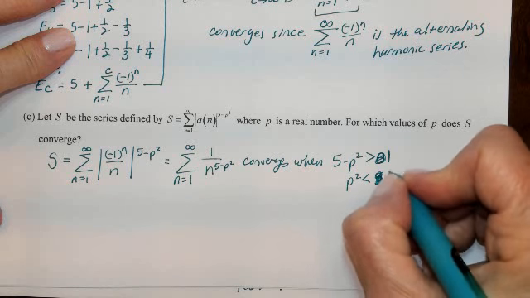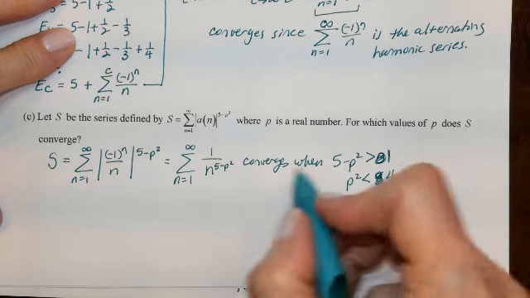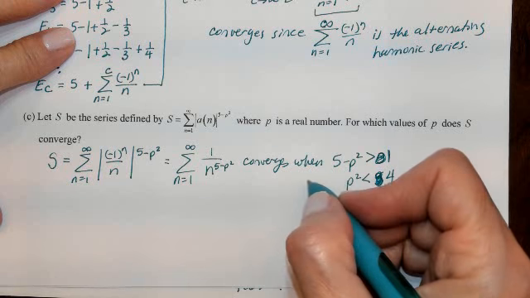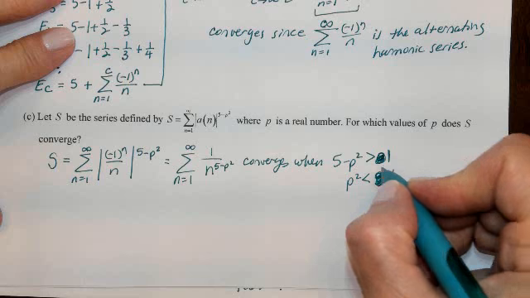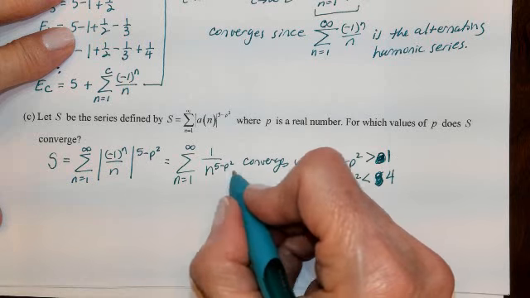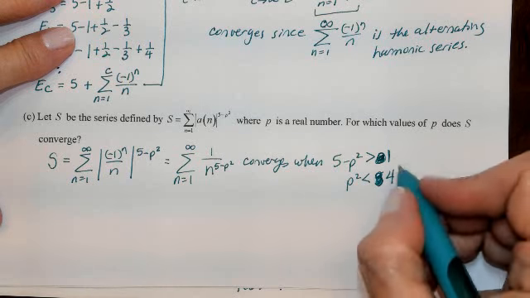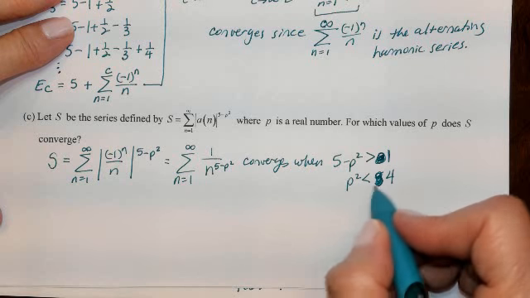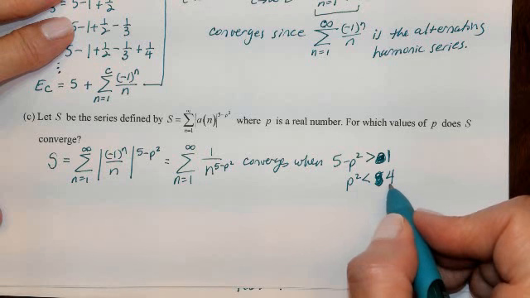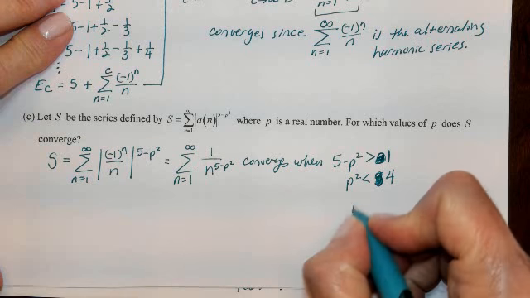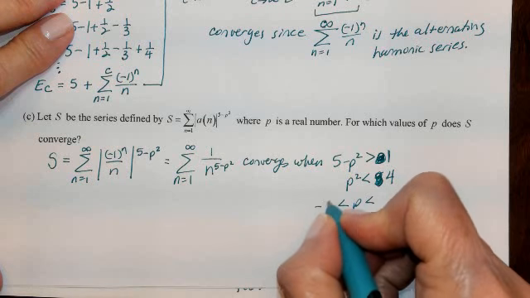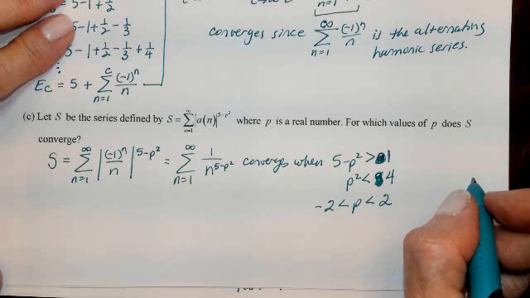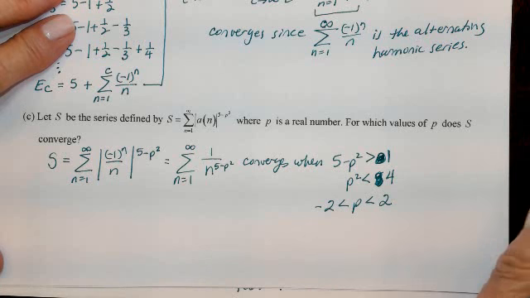So that's a 4 there. A p-series converges when that power is greater than 1, not 0. Okay, so we get this expression, so p squared is less than 4. And that means that p has to be between -2 and 2, solving that little inequality. Okay?